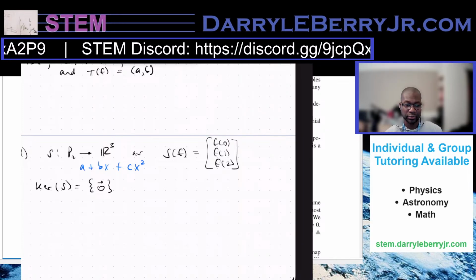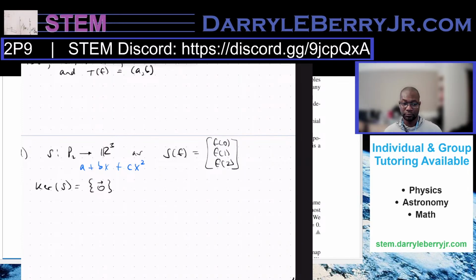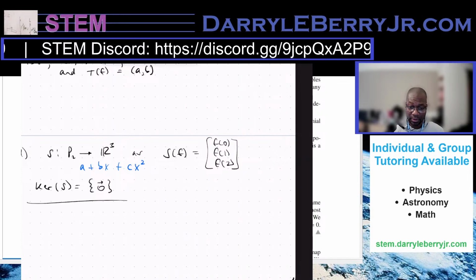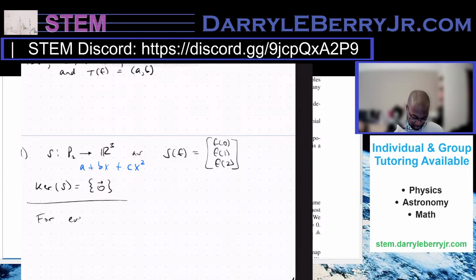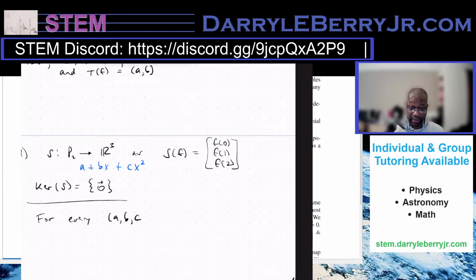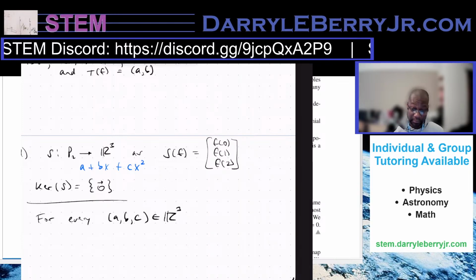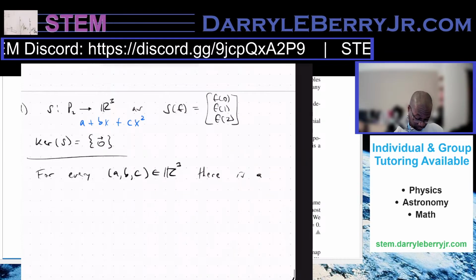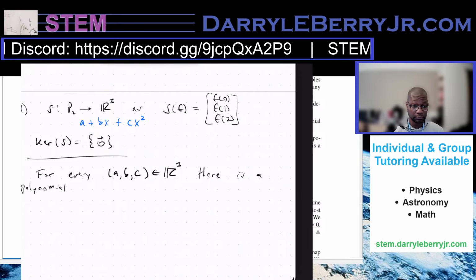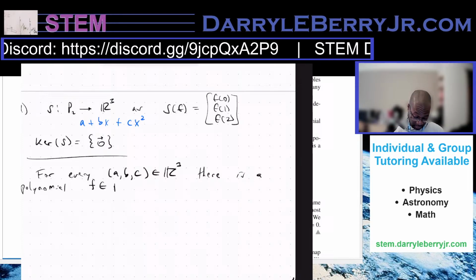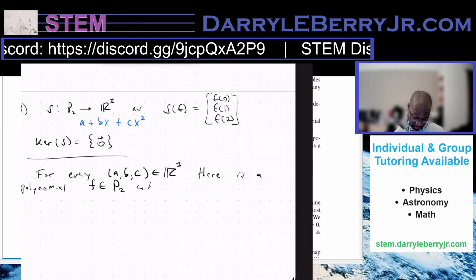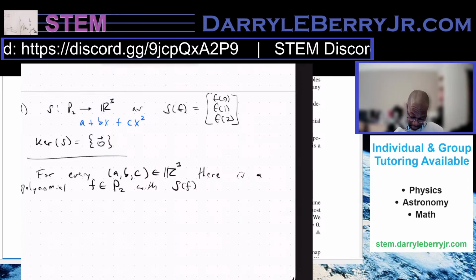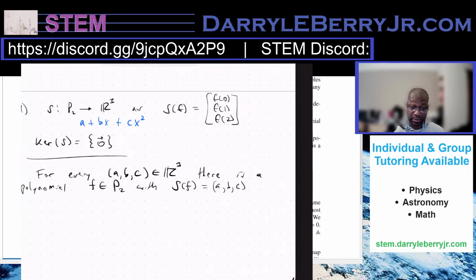On the other hand, it follows from the Lagrange interpolation formula, theorem 6.4 of chapter 3, that for every a, b, c in R3, there is a polynomial f in P2 with S f equals a, b, c.